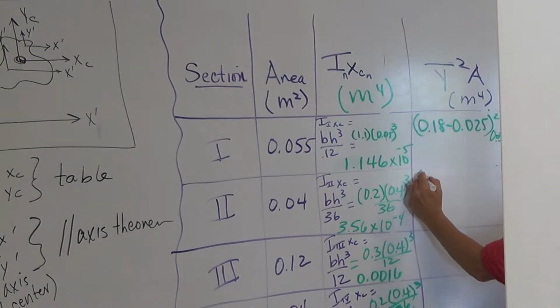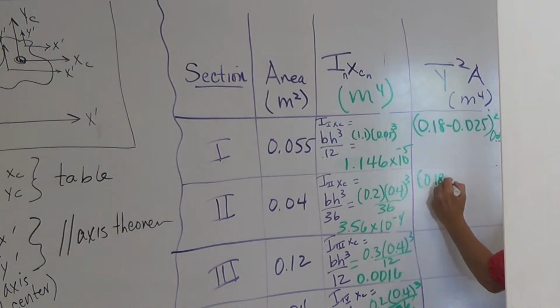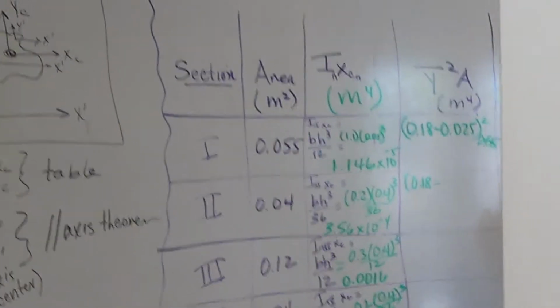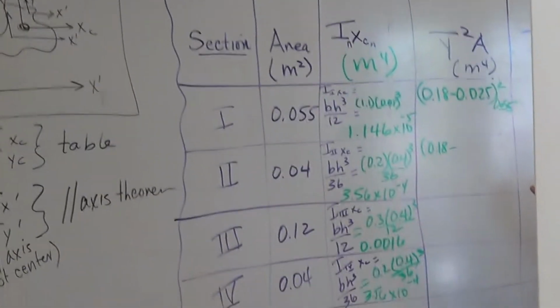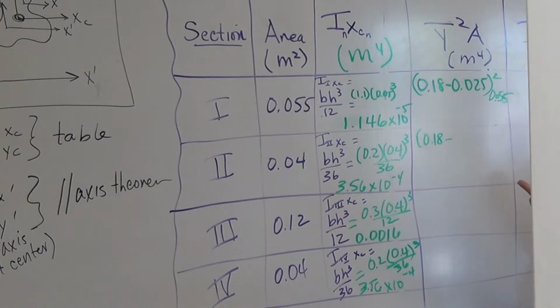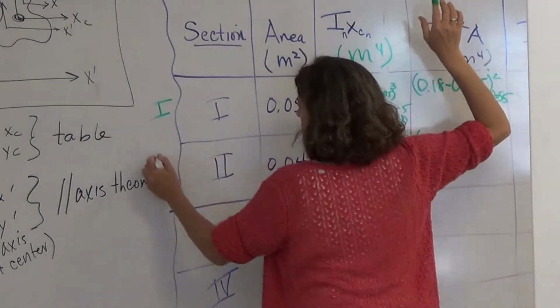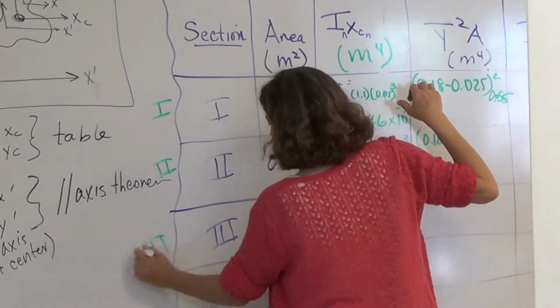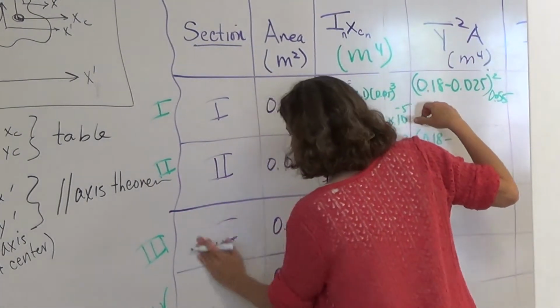And then this one is 0.18 minus, now we're looking at the triangles. Where's the centroid of the triangle? One third of 0.4, right? So it's 0.18 minus, maybe we should have had a y bar column. What's the y bar in your column for sections 1, 2, 3, 4?